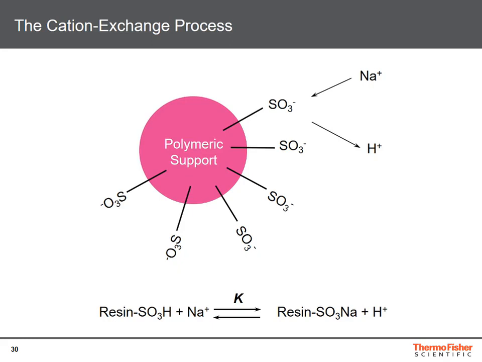And again, if we want to push the equilibrium to the left side, we have to increase the hydronium ion concentration, and in this way we can easily understand that an acid with hydronium ions is a typical mobile phase in cation exchange chromatography.